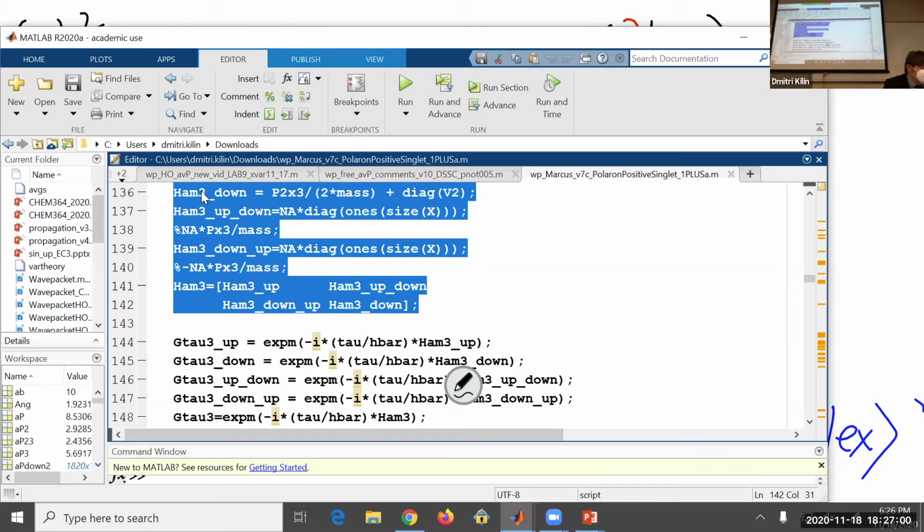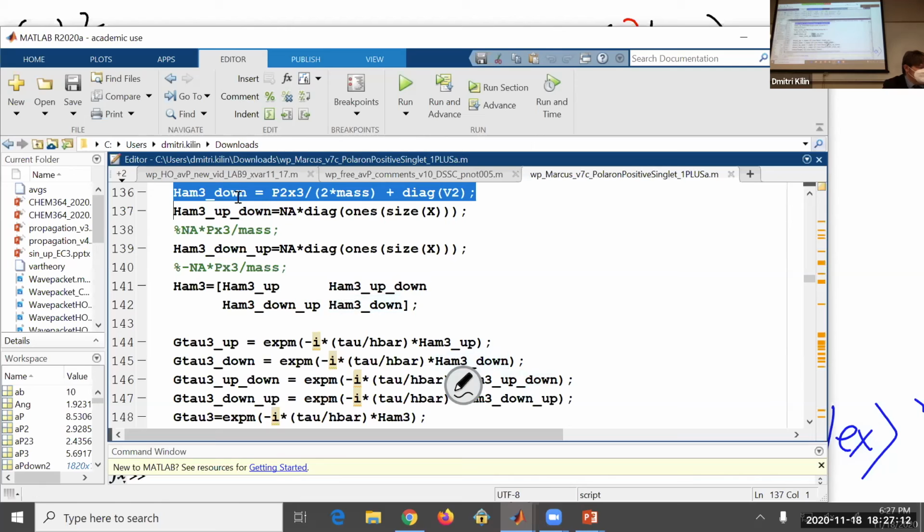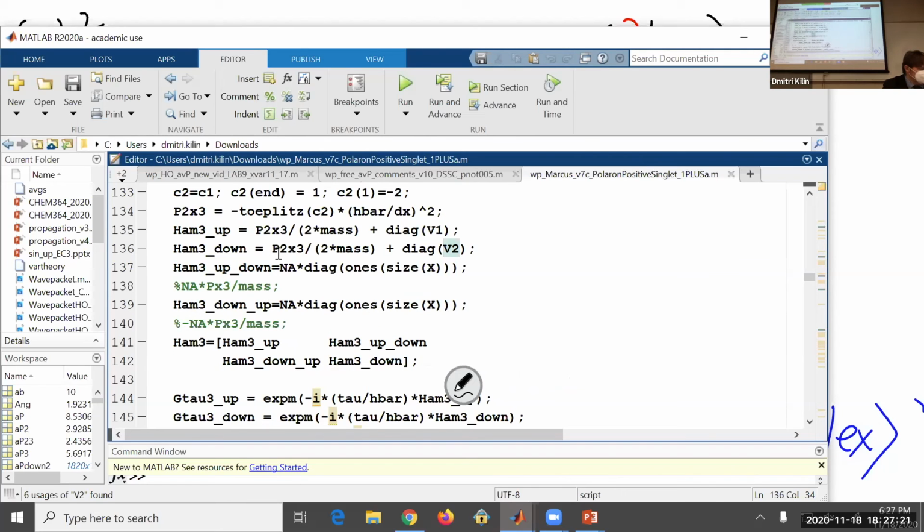So we use the third method, and here we have the down Hamiltonian, which is kinetic energy plus potential V2. And then nearby we have the up Hamiltonian, which uses potential V1.